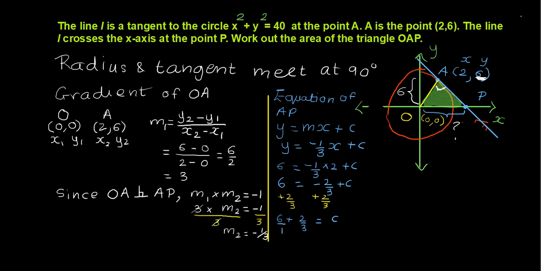And to add fractions, you have to have the same denominators, so I'll multiply top and bottom by 3, so C is equal to 18 over 3 plus 2 over 3, so I can write 18 plus 2 over 3, and then that'll be C is equal to 20 over 3.